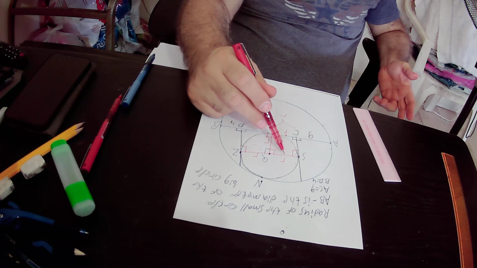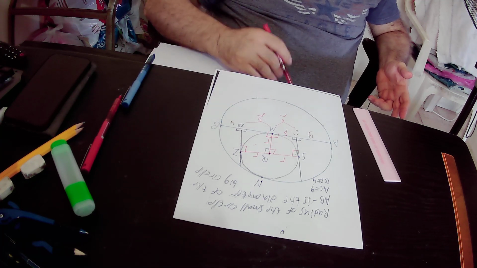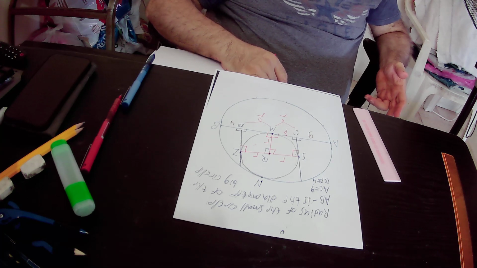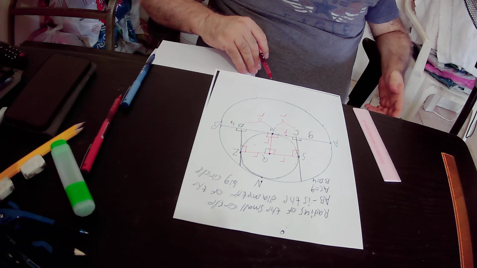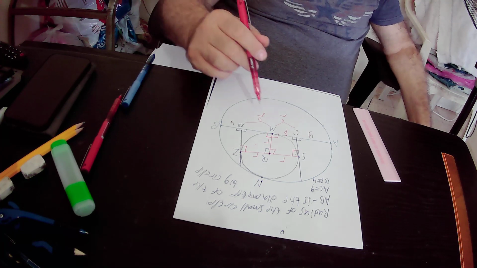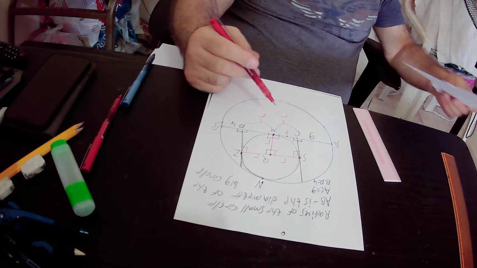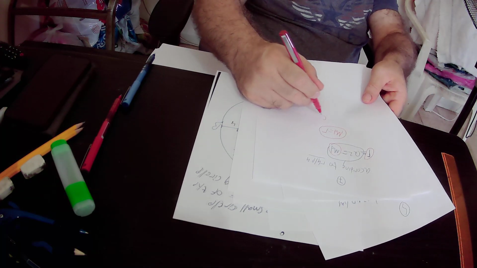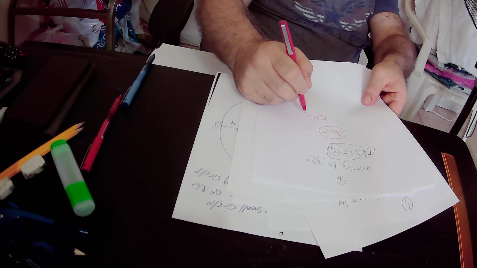So if SQ is small r, then CM must also be equal to small r. So we know that CM equals small r, and MD also equals small r.